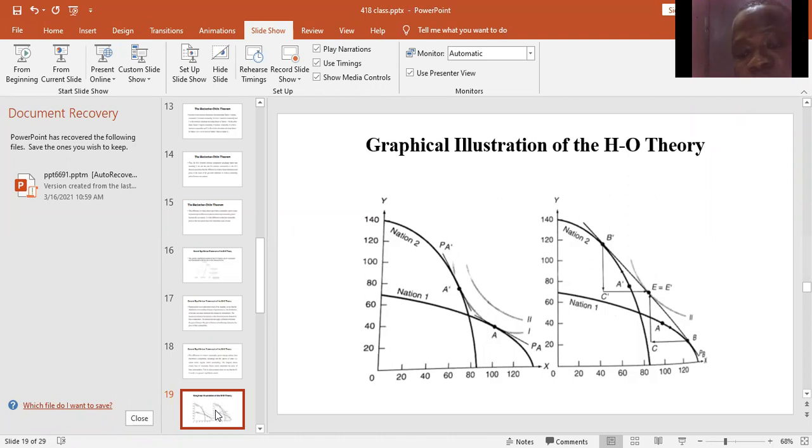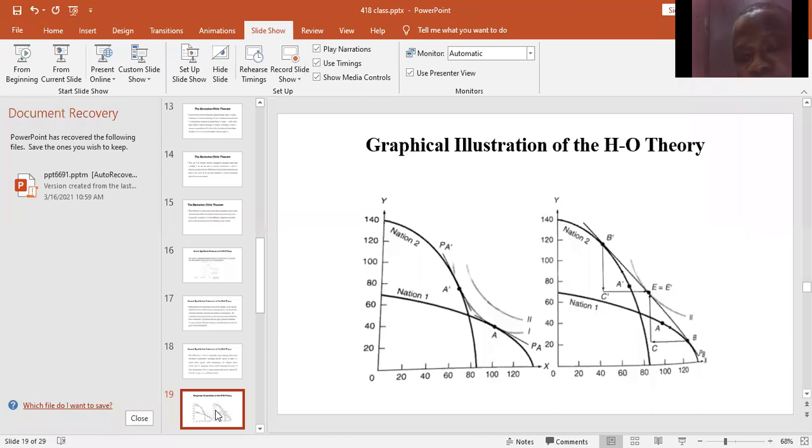Indifference curve two, which used to be unattainable, is now attainable as a result of the two countries' involvement in international trade, and it shows higher consumption of the two commodities. It also shows the equilibrium where A is equal to A prime for the two countries.